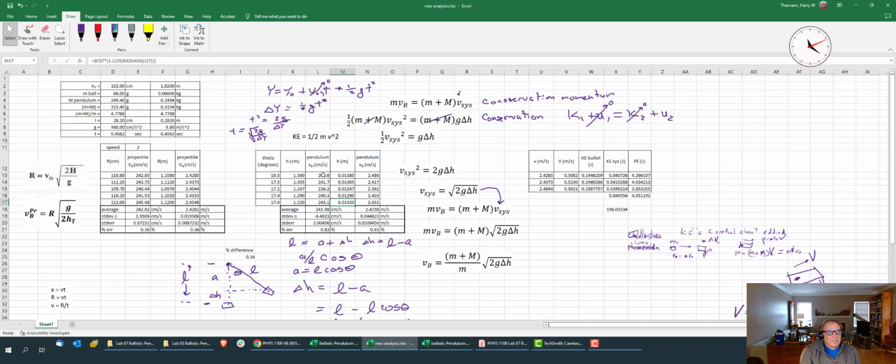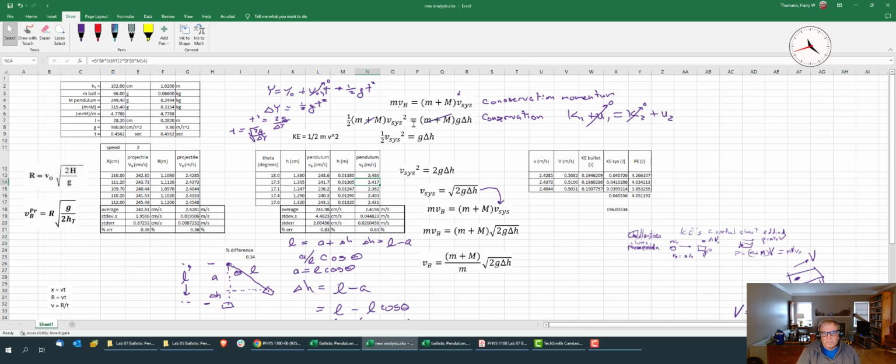And then I can use my formula over here. So D6 is my little m plus capital M divided by little m, and the acceleration of gravity, and the delta H to get the velocity in centimeters per second. And then I just use the equivalent MKS numbers to get meters per second.